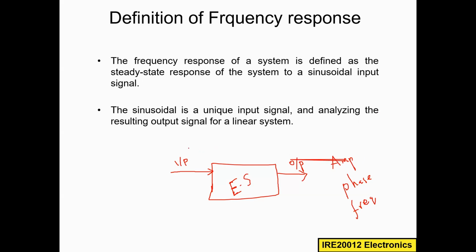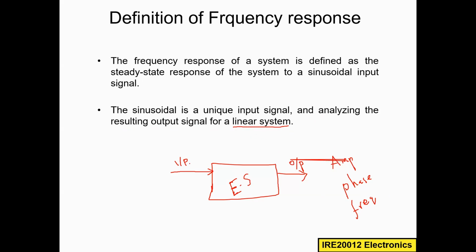So in this kind of situation, we need to analyze how the output got affected by the system characteristics. The sinusoidal is a unique input signal for analyzing the resulting output signal of a linear system. So remember, linear time invariant system or linear time variant system. So we talk about different terms.